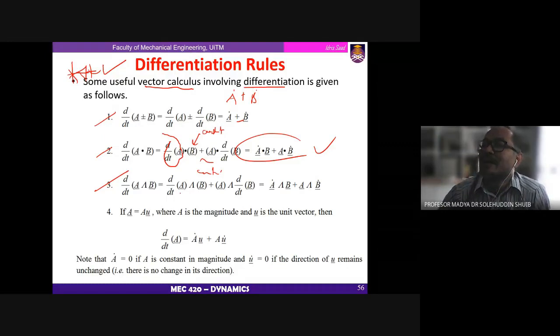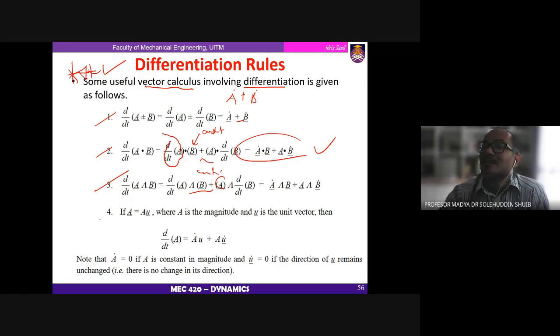Same technique applies. You allow this part to be constant for the first part, and then for the second part, A becomes constant, you differentiate B. So you get A dot cross B plus, this is constant, A cross B dot. This is how we differentiate.